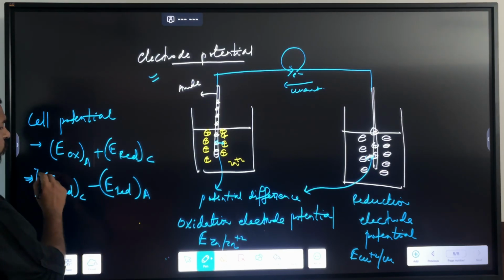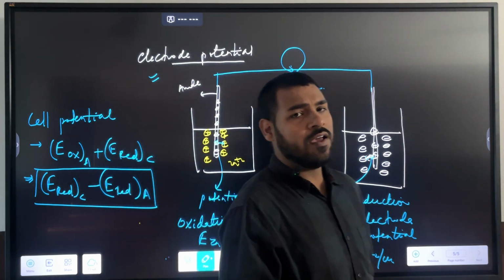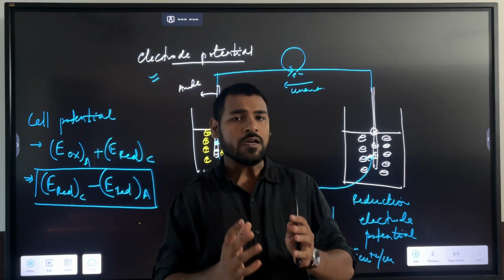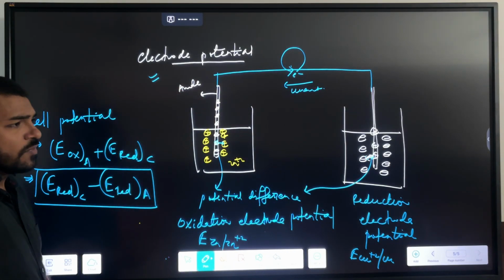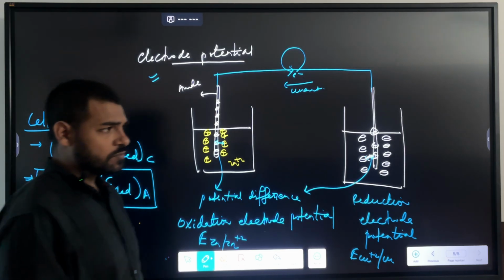We use this formula generally because in the questions we have E reduction only. So whenever you have the E oxidation, convert this into E reduction simply by putting a minus sign. So this is called cell potential.